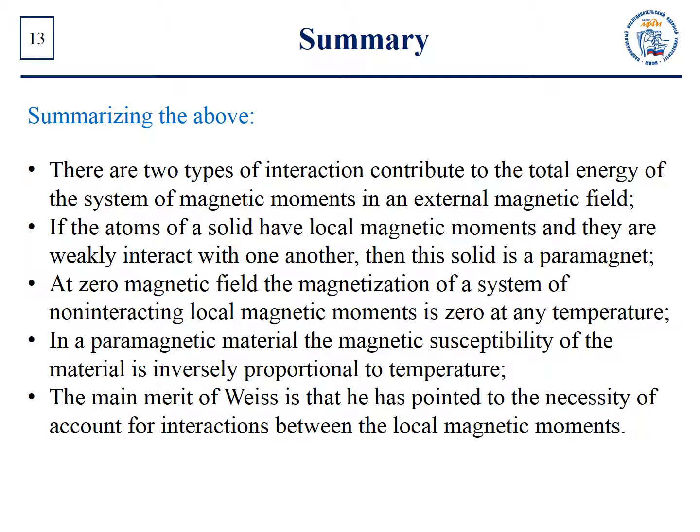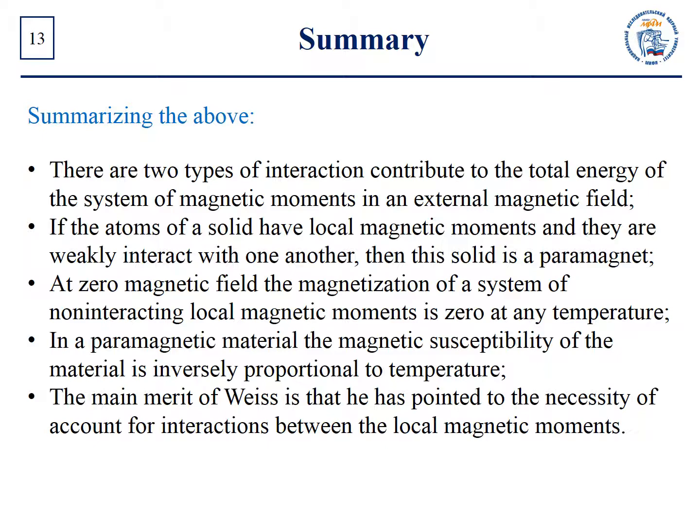So, at zero magnetic field, the magnetization of a system of non-interacting local magnetic moments is zero at any temperature. The temperature dependence of magnetic susceptibility in a paramagnet is defined by the Curie law. In a paramagnetic material, the magnetic susceptibility is inversely proportional to temperature.